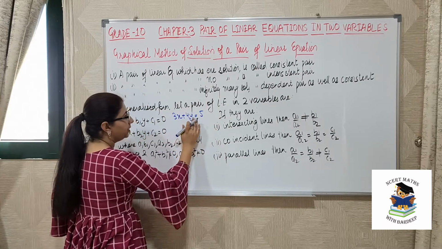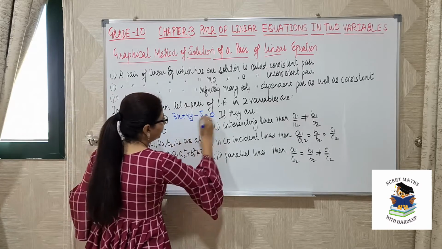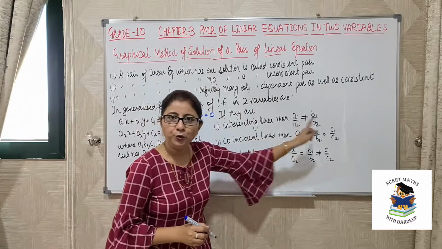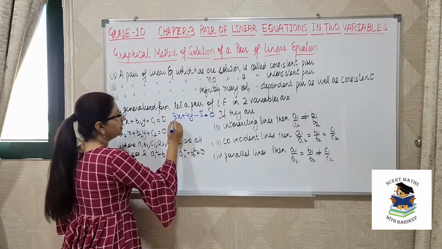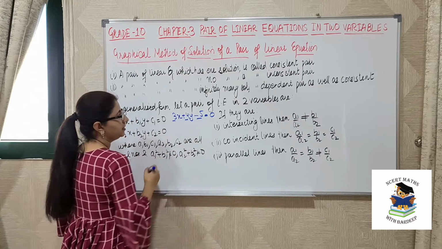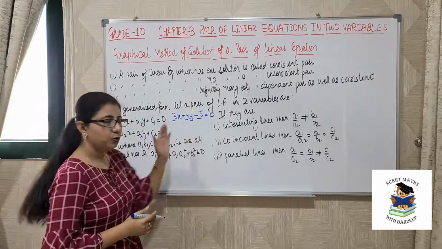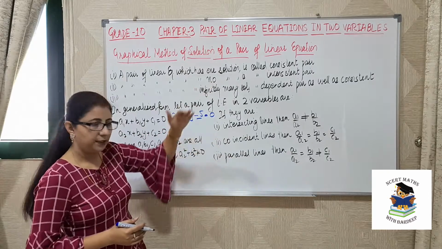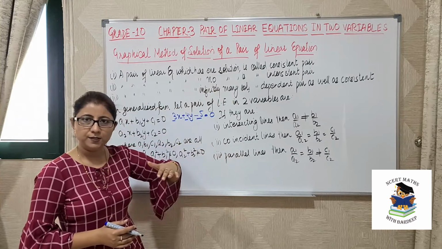We will first shift it to the other side, so plus 5 will become minus 5, and the right hand side should always be 0 if you want to use this interpretation. Then this is a1, this is b1, this is c1. Similarly, for the second equation, we will find a2, b2 and c2. And then we will find a1 by a2, b1 by b2 and c1 by c2.